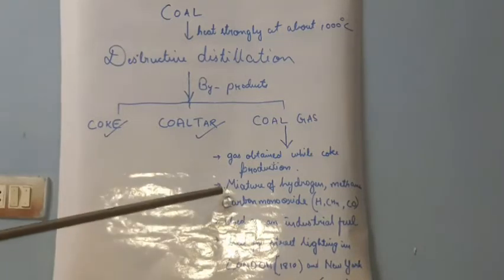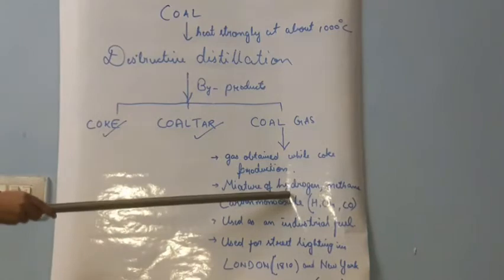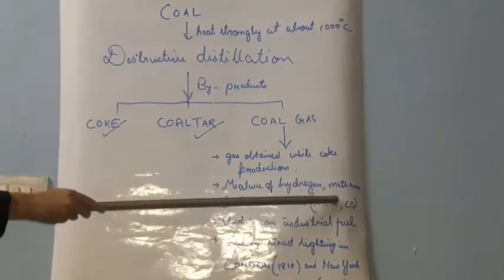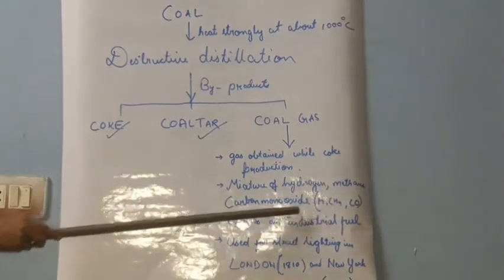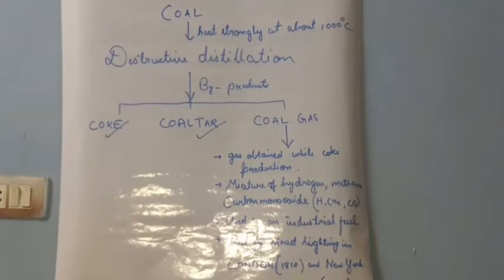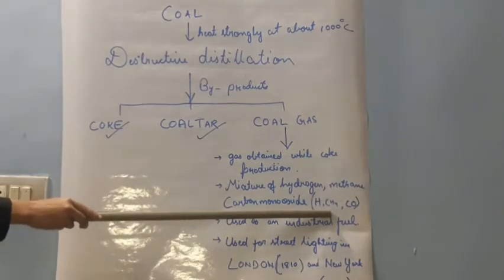Okay. Then what does this coal gas contain? What kind of gas it is? Okay. So it is a mixture of hydrogen, methane, carbon monoxide. These three gases are the mixture of these three gases. The chemical formula for hydrogen is H2. Then for methane it is CH4. Okay.